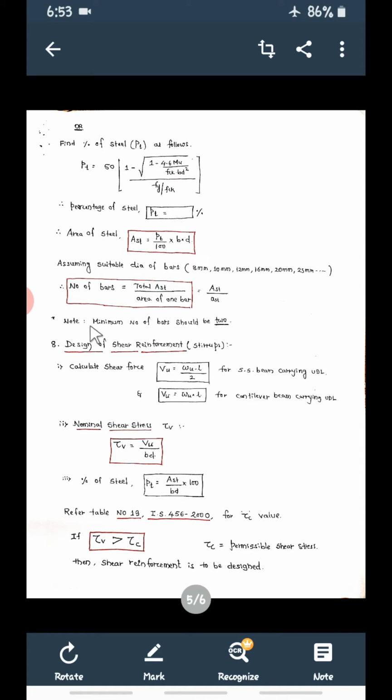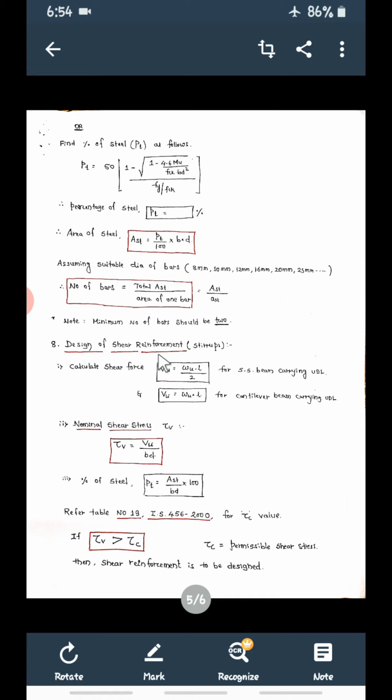Next, after calculating the main steel, another important thing is to check the shear reinforcement, whether stirrups are required along with the main bars. If shear stresses come in the beam, we require stirrups in the form of shear reinforcement. As you know, in a simply supported beam, when it bends, the bending moment will be maximum at the center.